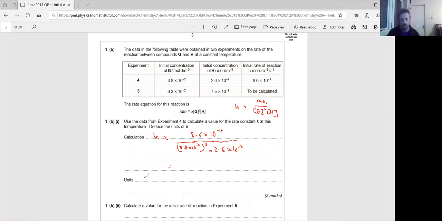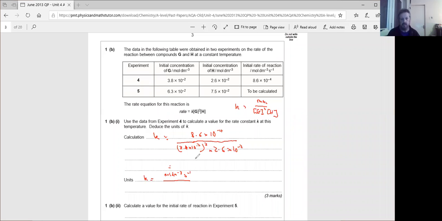Now, the units of the rate constant. Well, you need to know what the units of rate are. So on the top, we've got the units of rate, which is moles per decimeter cubed per second. And on the bottom, we've got concentration squared.